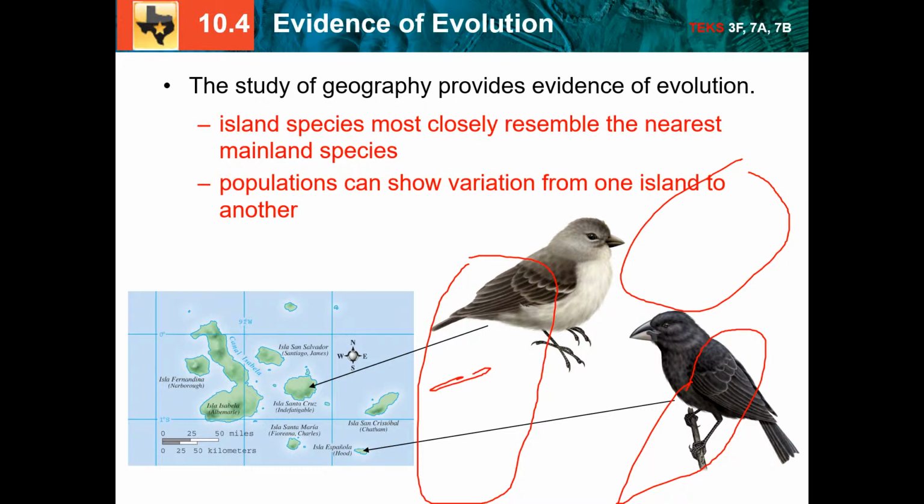So the birds you find on these islands are going to be more similar to the birds on this continent than the birds on the other. That's the idea that, way back when, some ancestor birds migrated from this continent to these islands. And in addition, you're also going to see variation on islands, just as Darwin found. When he went to one island, he saw that the species of animals, the birds and the tortoises, were different on one island than another.